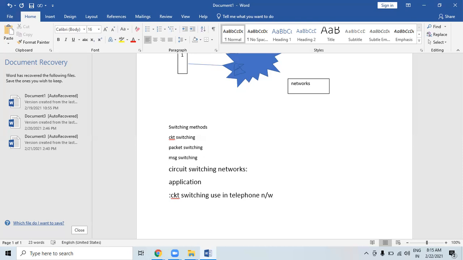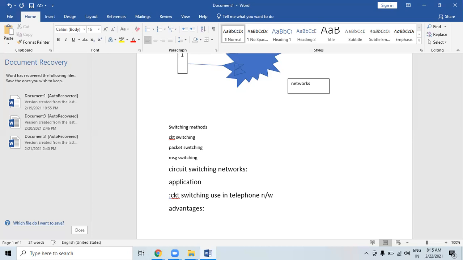Okay, so advantages of these. The major advantages of circuit switching is that the dedicated transmission channel the computer established provides the guaranteed data rate. Okay, so in circuit switching, because of the dedicated path, there is no delay in data flow.